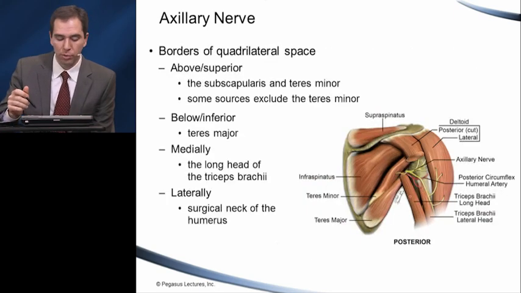The borders of the quadrilateral space are above, the teres minor muscle, below, the teres major muscle, so I'm drawing the boundaries for you, then medially the long head of the triceps muscle, and then laterally the surgical neck of the humerus. So it's this quadrilateral space area where the axillary nerve comes out, which is called the quadrilateral space.